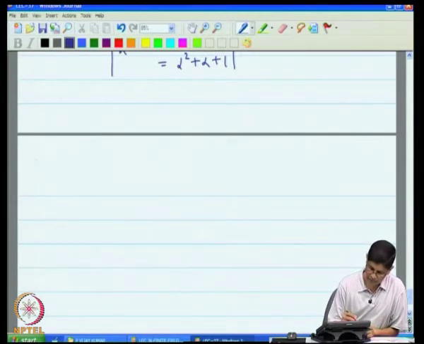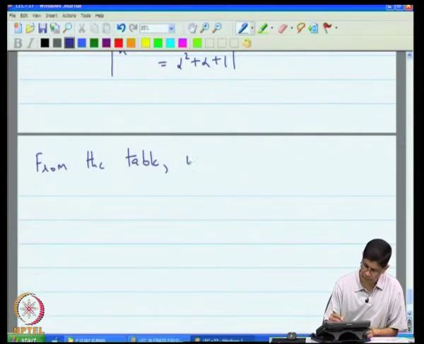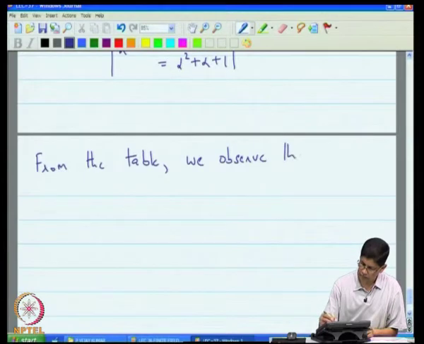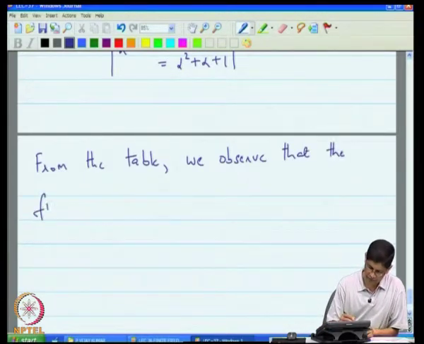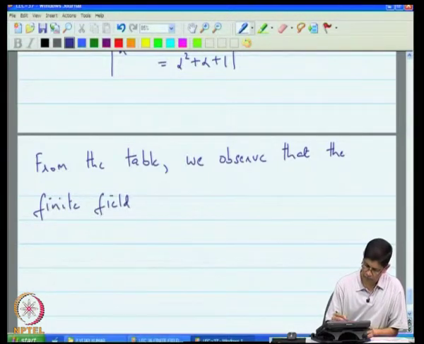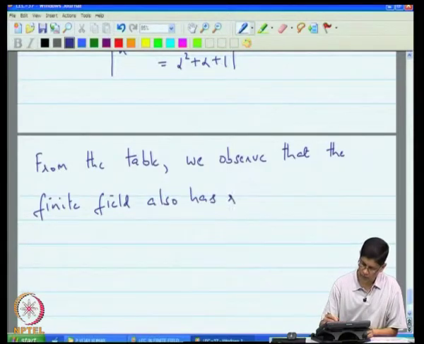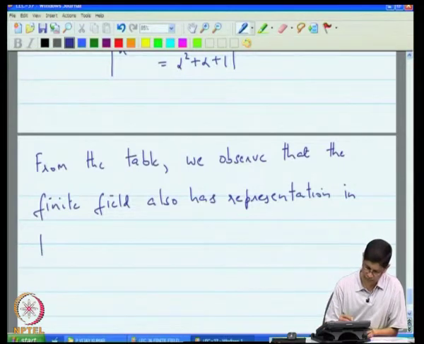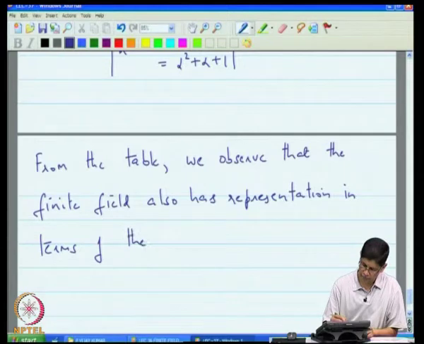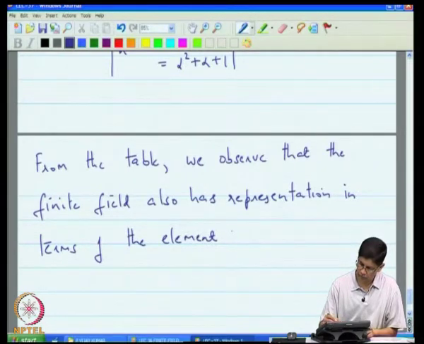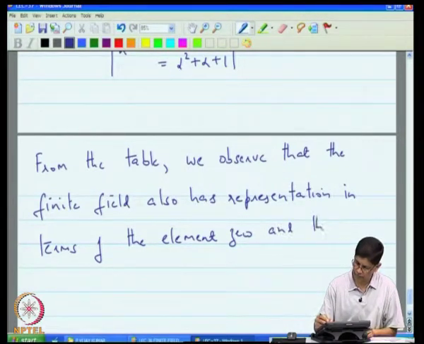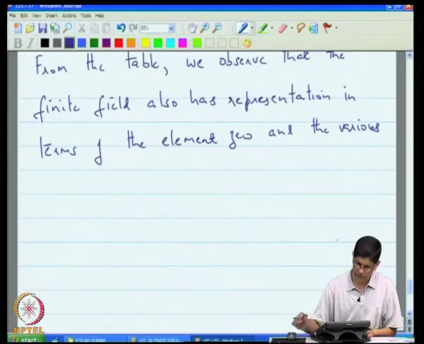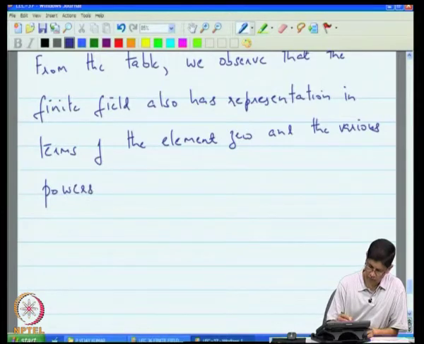Okay. From the table, we observe that the finite field also has representation in terms of the element 0 and the various powers of alpha.